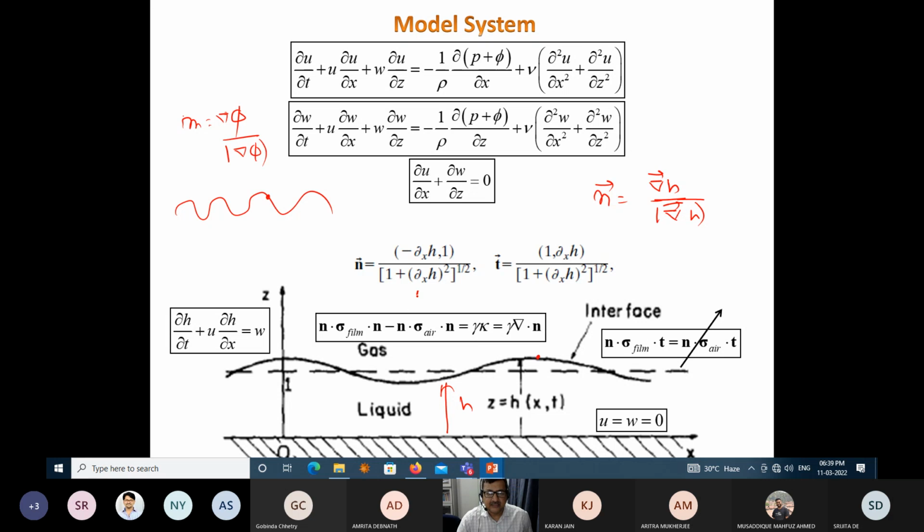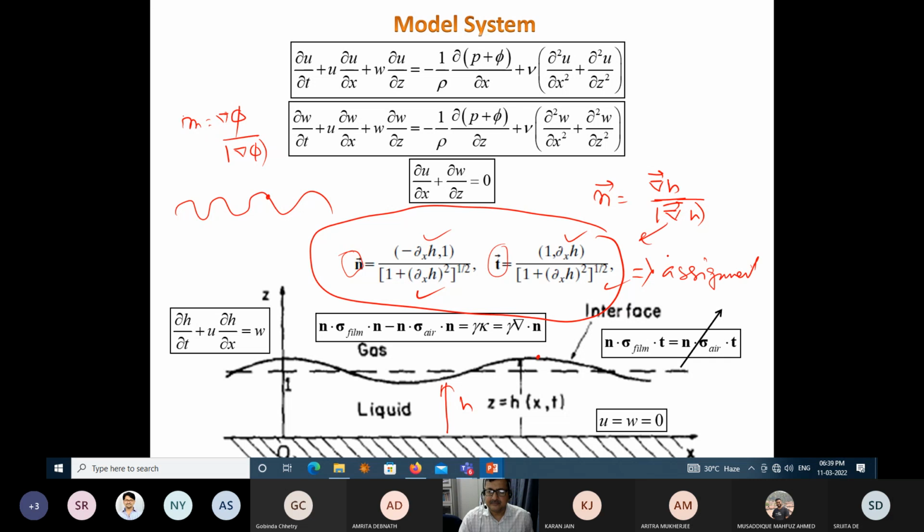The perpendicular to the normal is the tangent. So n and t you can get from the height. Whenever you know h, you get n and t. By the way, this n and t expression, submit as an assignment. All of you should do it.